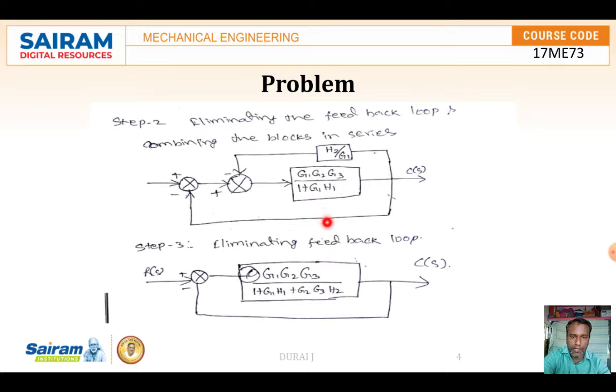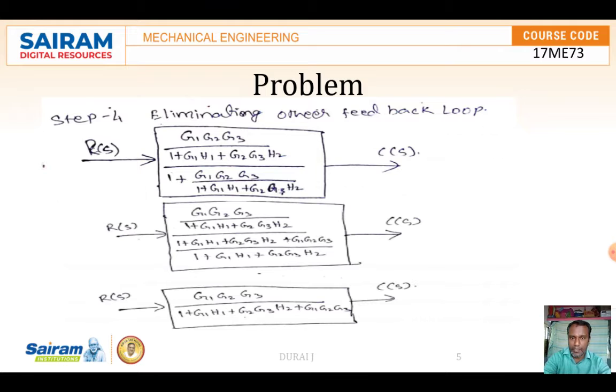If no block is provided, we consider it as 1. So this becomes G1 G2 G3 divided by 1 plus G1 H1 plus G2 G3 H2, divided by 1 plus G1 G2 G3 divided by 1 plus G1 H1 plus G2 G3 H2, into 1.